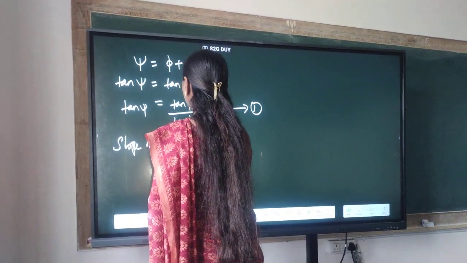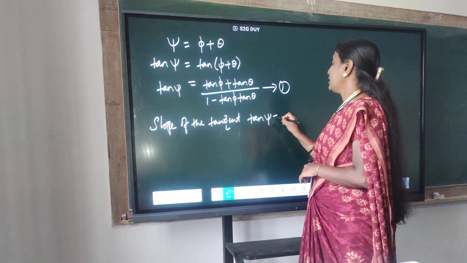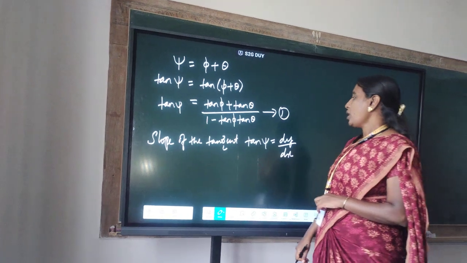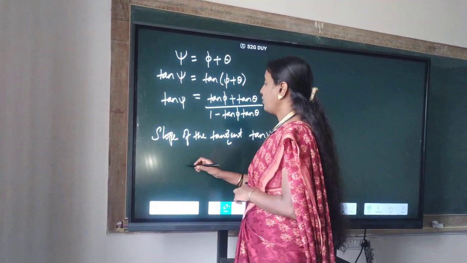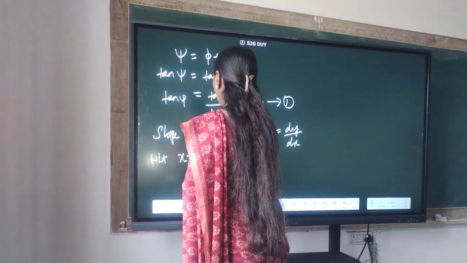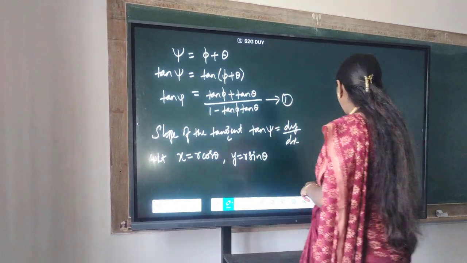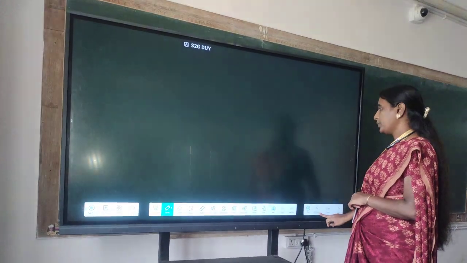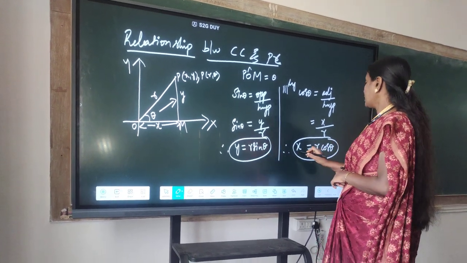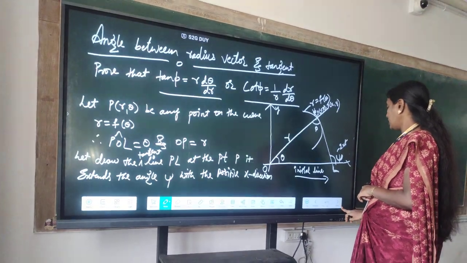The slope of the tangent, as we know, is denoted by tan psi, which is equal to dy by dx. Before going to this, we know that x equals r cos theta and y equals r sin theta. Here I have already shown this. So x and y are functions of theta, and here we have the curve r equals f of theta.